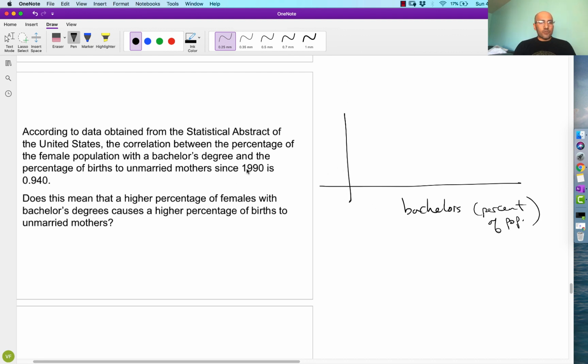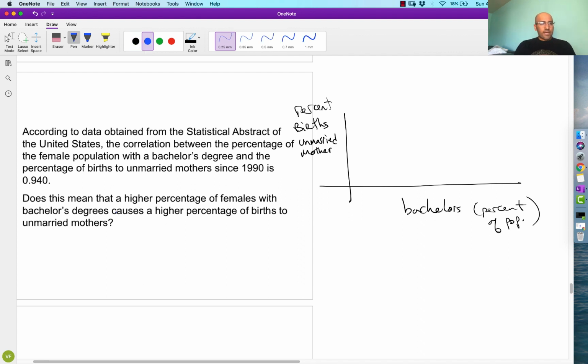And then in this direction, we put percentage of births to unmarried mothers. So these are births to unmarried mothers, percent of births in this direction.